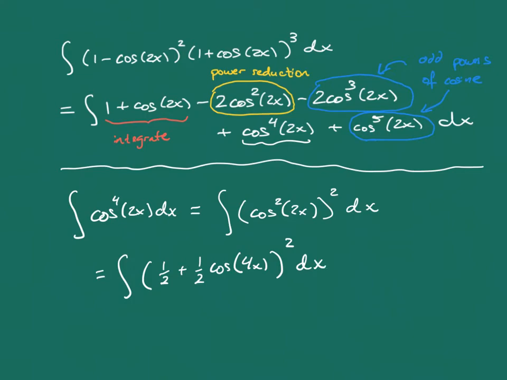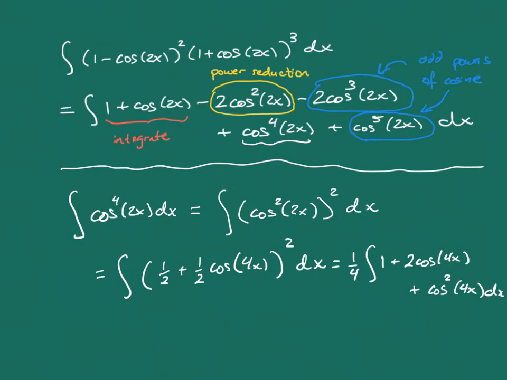So now we've gone from a fourth power down to a first power. Well, when we square it, we'll have a second power of cosine of 4x. And so if we bring that to the outside, we can take out our 1/2, square that, so we have a 1/4. And so we have a 1 plus 2 cosine of 4x plus cosine squared of 4x dx.